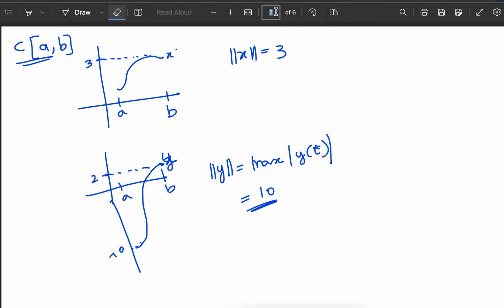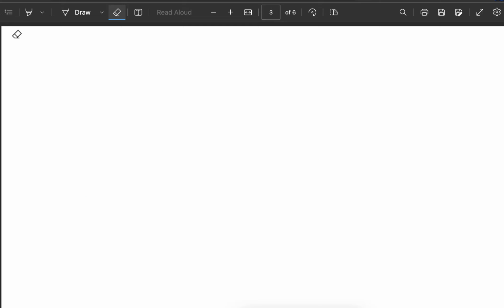So let's check, does it satisfy all the conditions of norm. Let's go through the first property. Let's consider the set first. C of [a, b] is the set of all continuous functions on closed interval [a, b], and here we are defining norm as norm x is equal to maximum over t in closed interval [a, b] of mod x of t.